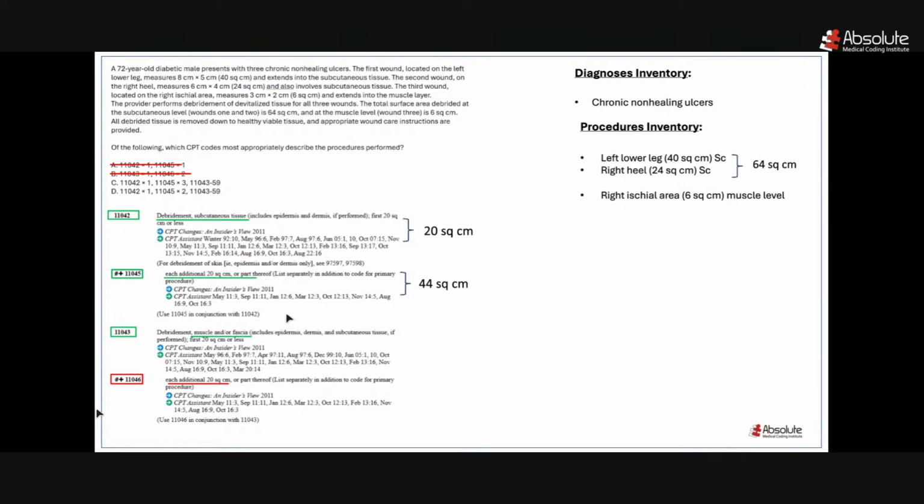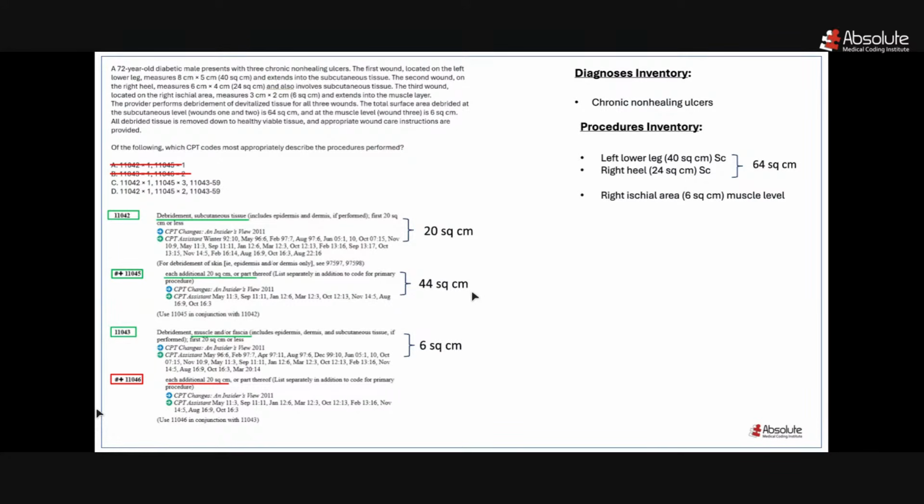For that, we have to assign 11045, which is for each additional 20 square centimeters. So to cover 44 square centimeters, we need three quantities of 11045, right? And that makes option D incorrect.